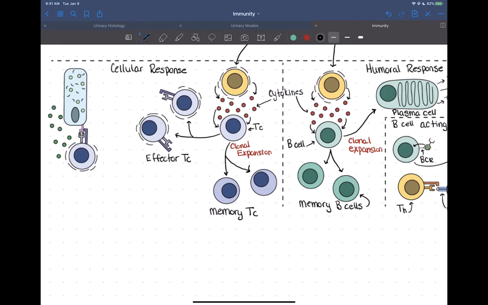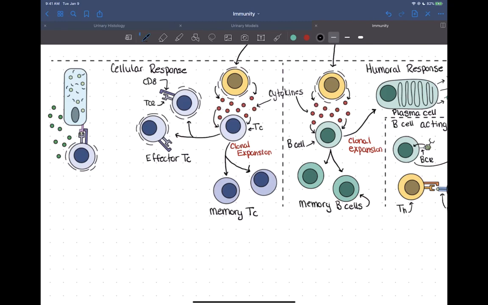All right, so now it's these activated T cytotoxic cells that are going to go and fight that infection. So we have our CD8 protein here, right, because these are T cytotoxic cells. And then they're also going to have that T cell receptor here that's going to be able to find that antigen and bind to it.